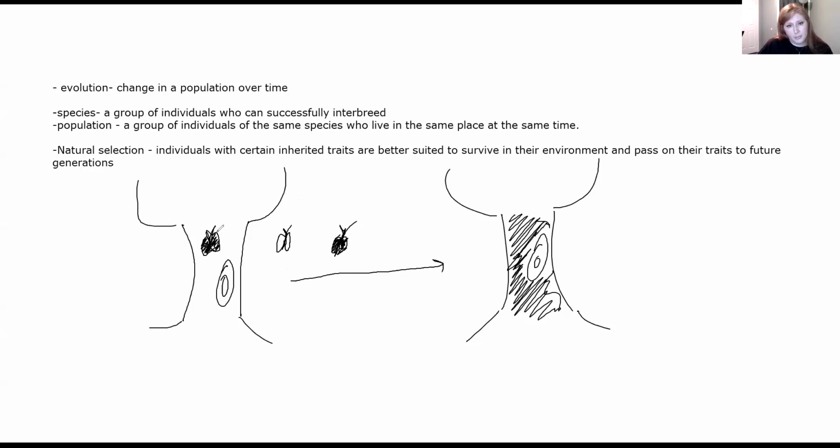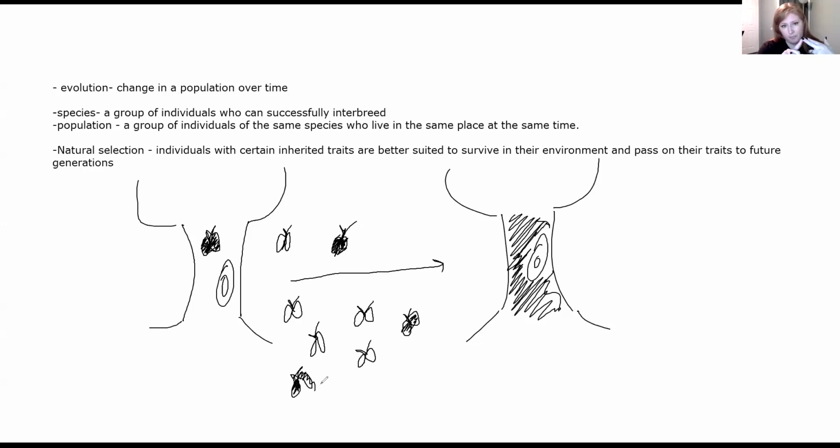Over time then, you end up getting a lot more light-winged moths than dark-winged moths. I don't even know what I'm drawing anymore. They look like kidneys. It's a kidney moth. And you just have a few dark-winged moths here and there. We can say that this population over time has evolved because we have mostly light-winged moths, since they're the ones best suited for their environment.